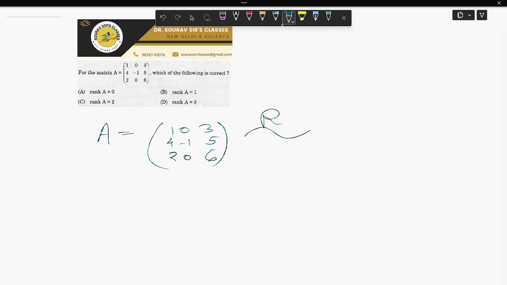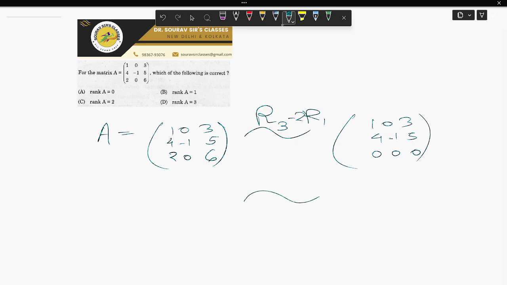If we apply one elementary row operation, that is R3 minus 2 R1, we will multiply 2 with row 1, then subtract from row 3. So we will get 1 0 3, and that will be 0 0 0. After that we can do R2 minus 4 R1. Then what will we get?